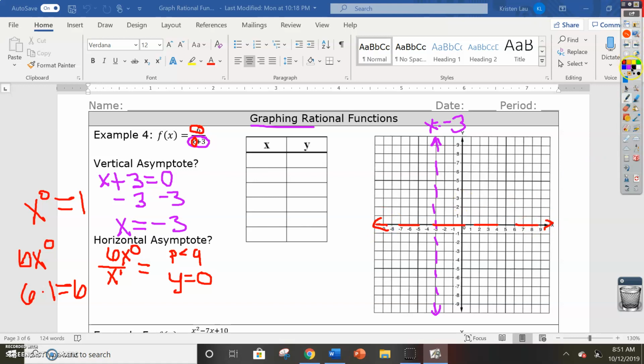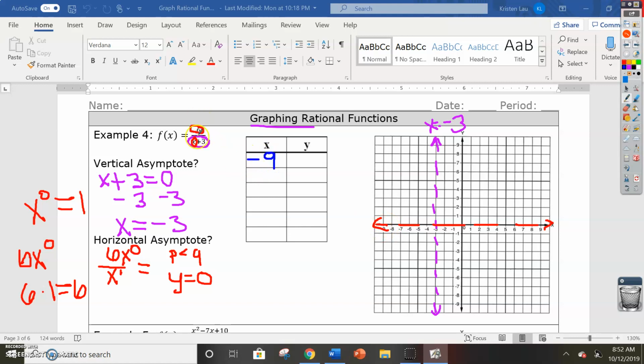Now I'm going to figure out where my graph is located. So I'm just going to pick points. So I'm going to look where my vertical asymptote is, and I'm going to pick points to the left of it and then points to the right of it. So I'm just going to randomly pick a number, and I'm going to pick -9.